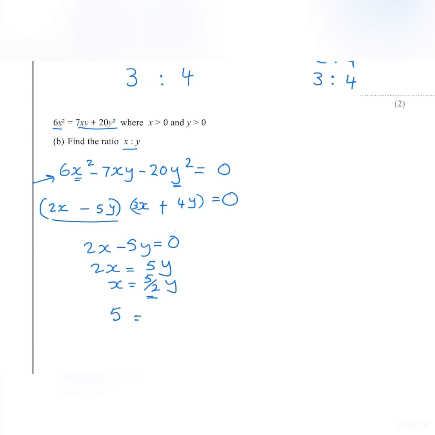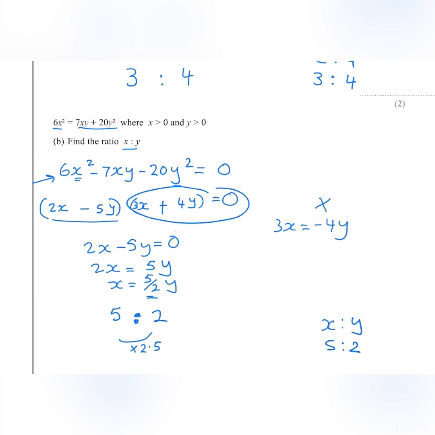So if we got 5 on this side as x, and y would be a 2, because that would be times by 2.5. So x to y is 5 to 2. Now if you look at this question here, so that would be 3x equals minus 4y, and we don't want to really go into negatives, so the x would be 5 and y would be 2.